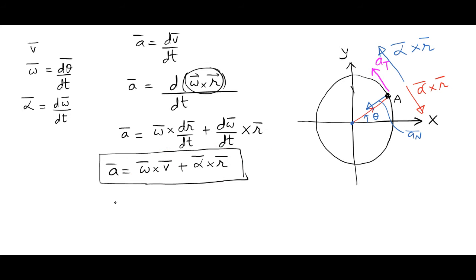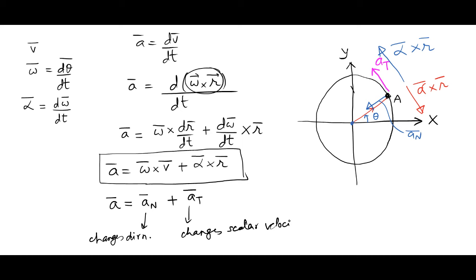So just to summarize everything, in circular motion the acceleration of the particle can be expressed as the sum of two rectangular components, a normal bar, and this is the component which actually changes the direction of motion of the particle, and the second rectangular component is a tangential bar, and this is the component which changes the speed of the motion, that is the modulus of the velocity, or more properly it changes the scalar velocity v.